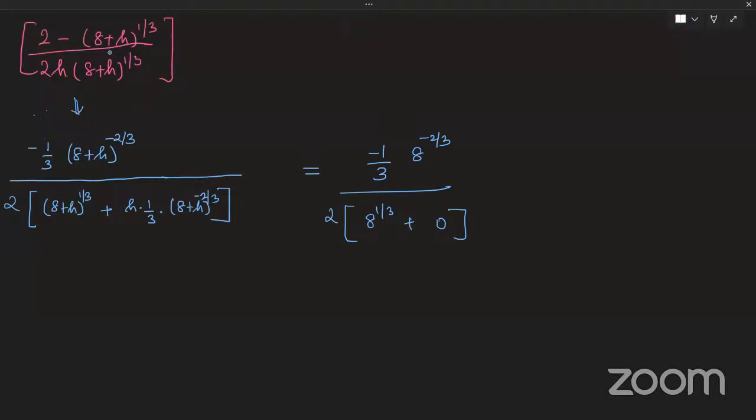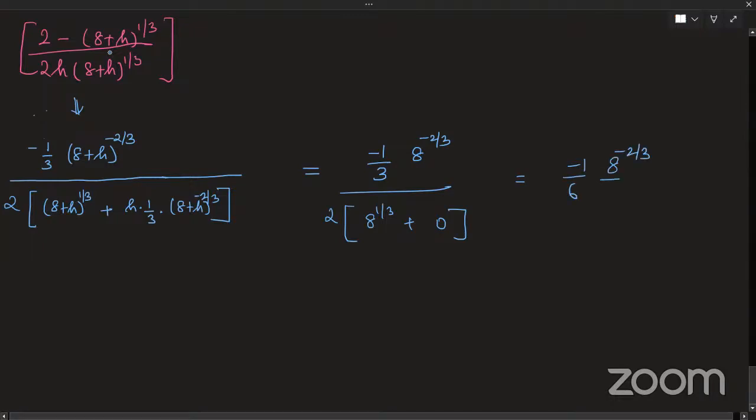So it is minus 1 by 6, 8 to the power of minus 2 by 3 divided by 8 to the power of 1 by 3. So this will be minus 1 by 6 into 8, so minus 1 by 48.